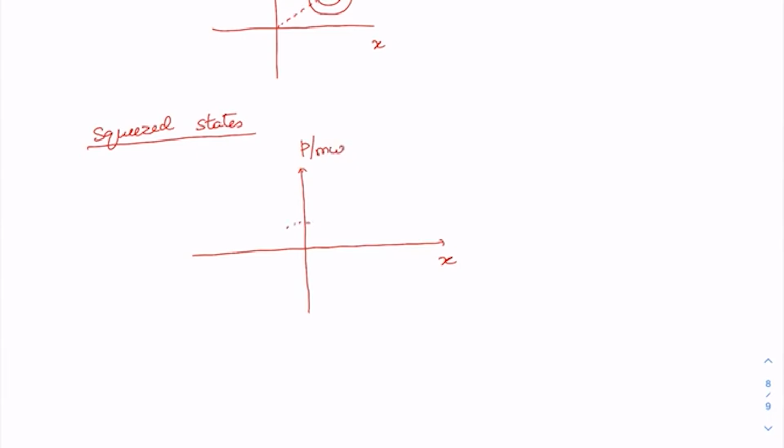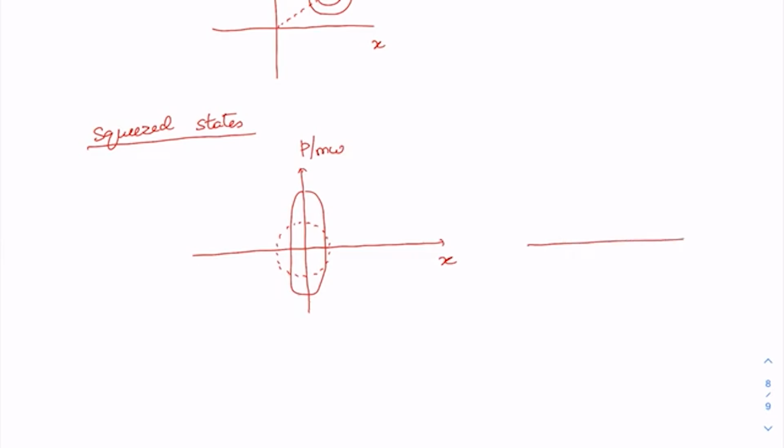Suppose originally we have this original state, the ground state of the harmonic oscillator, and now we squeeze it. Say the x quadrature is getting squeezed while the P quadrature is getting amplified. Then the Wigner distribution function, if you calculate it, you will get a plot of this type. Here you see the x quadrature is getting squeezed while the momentum quadrature is getting amplified.